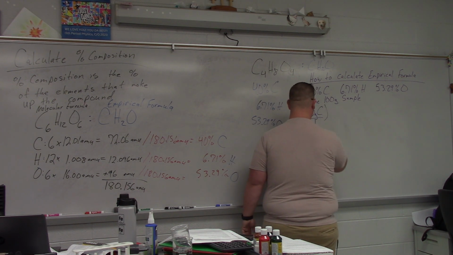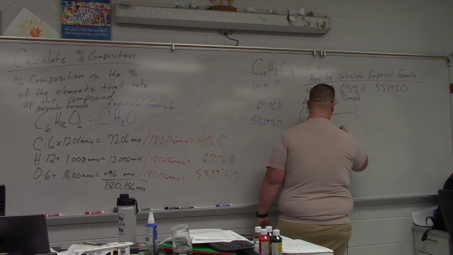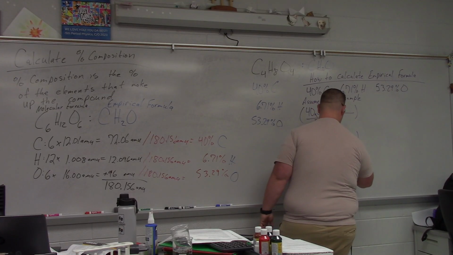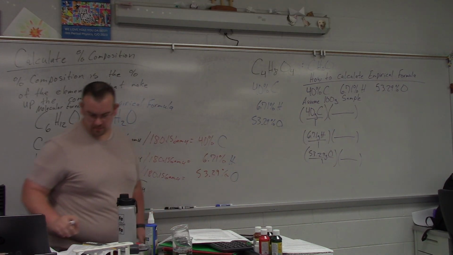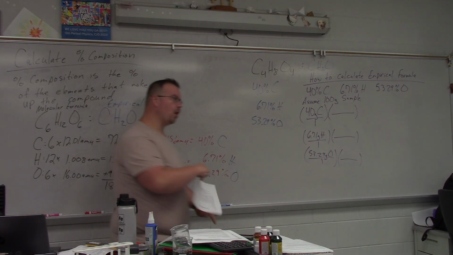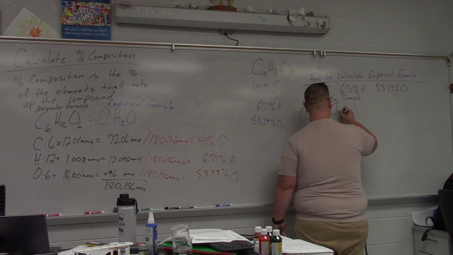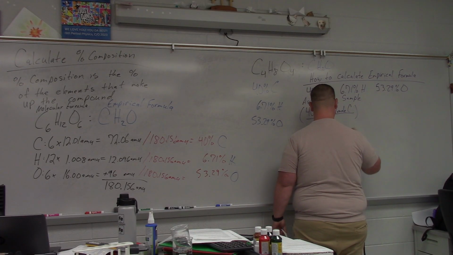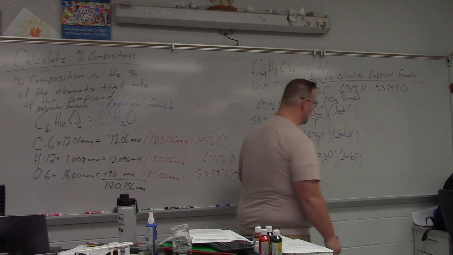To do this, we want the moles, so we have to do the conversion factor. We have to use the average atomic mass off the periodic table for each one of our elements. Remember, we're going to moles, so moles is going to go on the top, so I have 1 mole of carbon on the top, 1 mole of hydrogen on the top, and 1 mole of oxygen on the top.